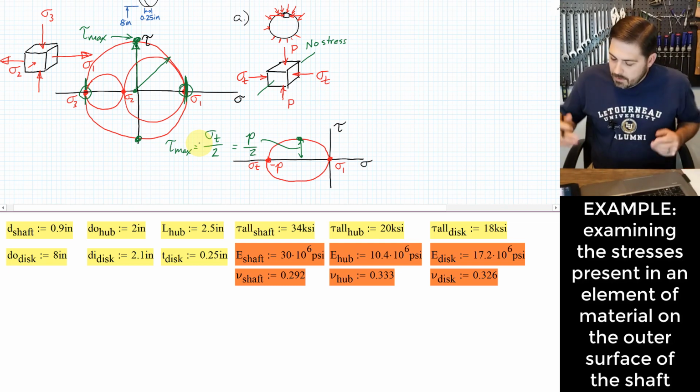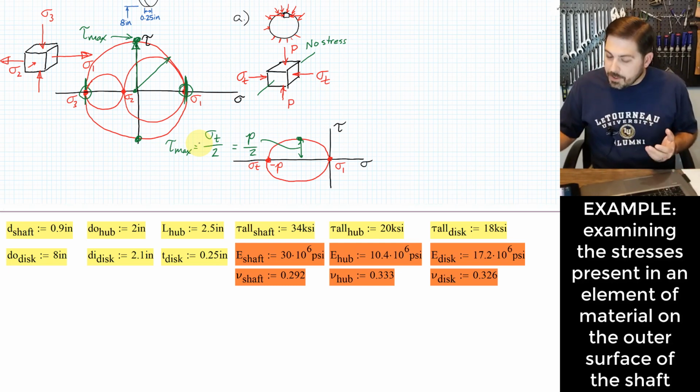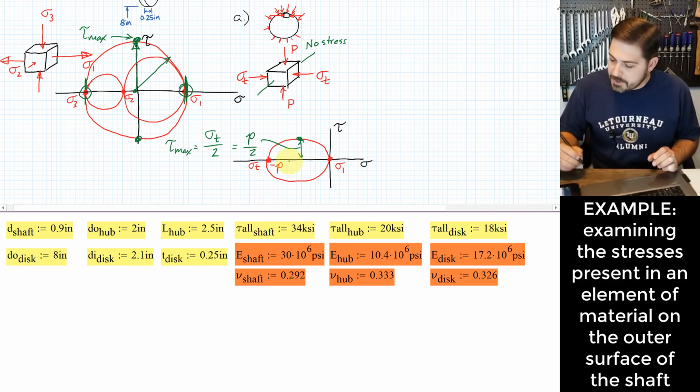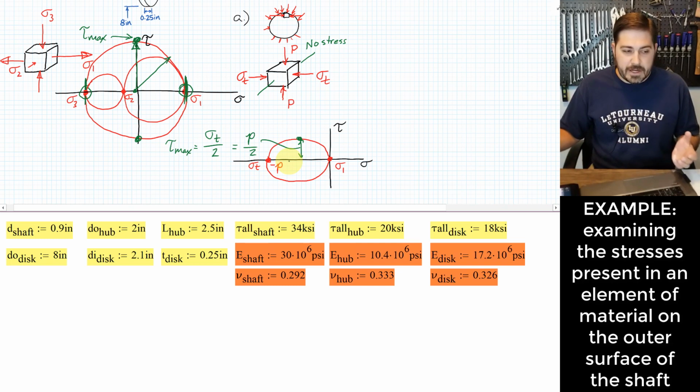All right, well that's a value that would be appropriate to compare with the strength value that I am allowed to go up to for this material. And so that gives us enough information now to where we can get into MathCAD and actually solve for what that allowable interface pressure actually is.